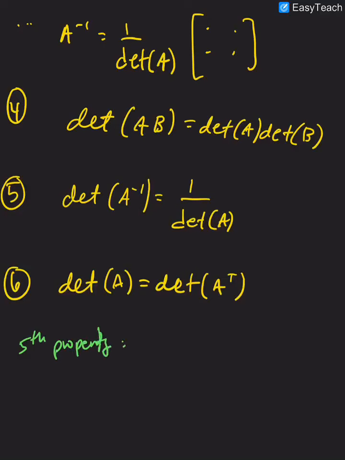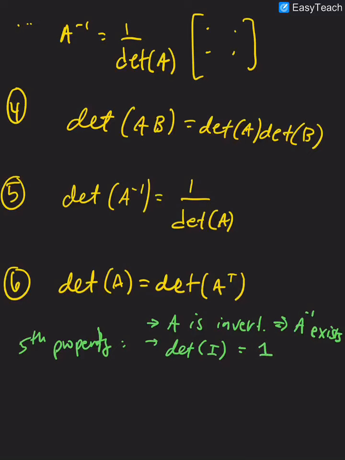Okay. So if we're saying that A is invertible, that means that an A inverse exists. Also, let's remember that the determinant of the I matrix, the identity matrix, is equal to 1.